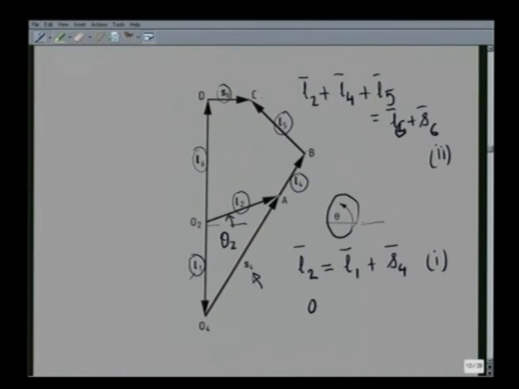So, the number of unknowns are theta 4, that is the orientation of link 4, that is the line O4B, theta 5, that is the orientation of the fifth link, that is BC, this angle theta 5, this angle as I said earlier is theta 4, and also this distance O4A, that is S4, and the distance DC, that is S6.